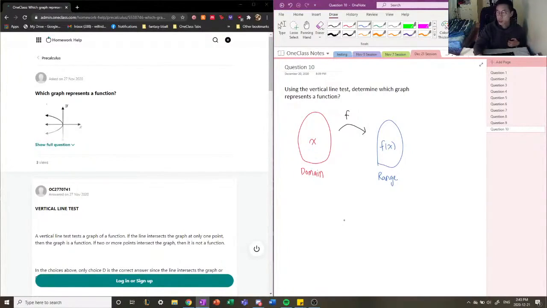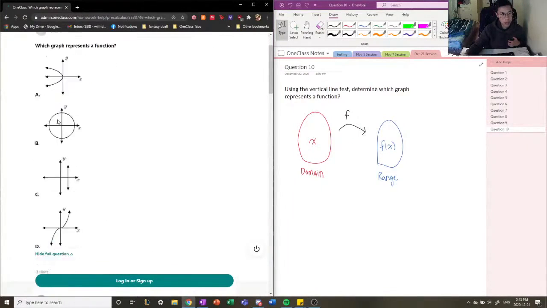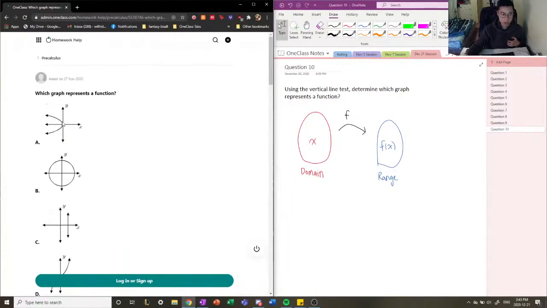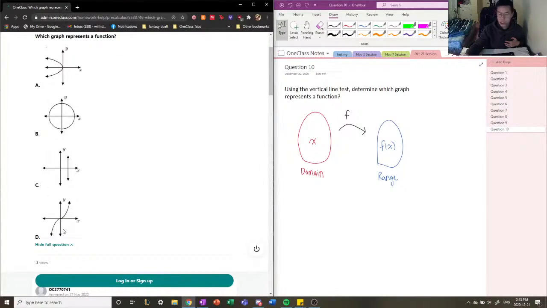So how does this translate to what we look at on a graph? We see here that we have four different options. We have A to be the sideways parabola, B to be a circle, C to be a vertical line on the axis, and D to be a cubic function. As I described before, a function maps one value from the domain to another.